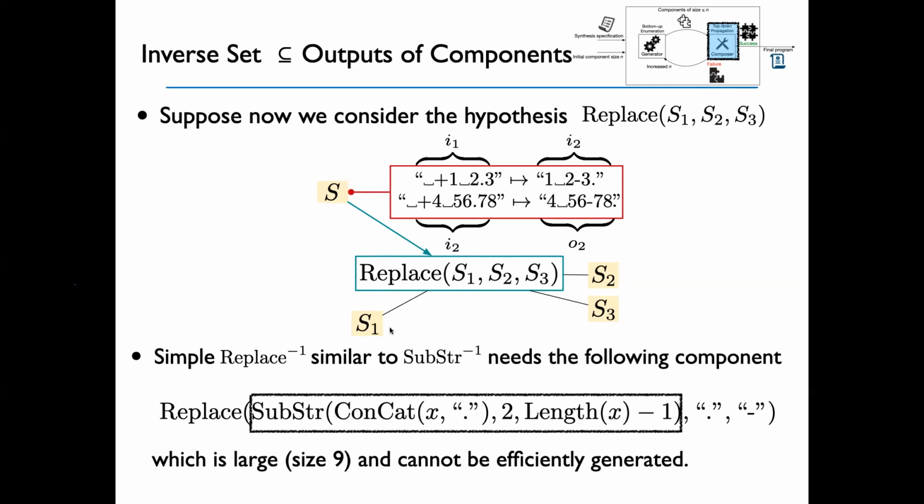Similarly to the previous case of substring, there are infinitely many possible values for the arguments, and we may confine the inverse set for the first argument to be the set of outputs of components, similarly to what we have done for the hypothesis of substring.